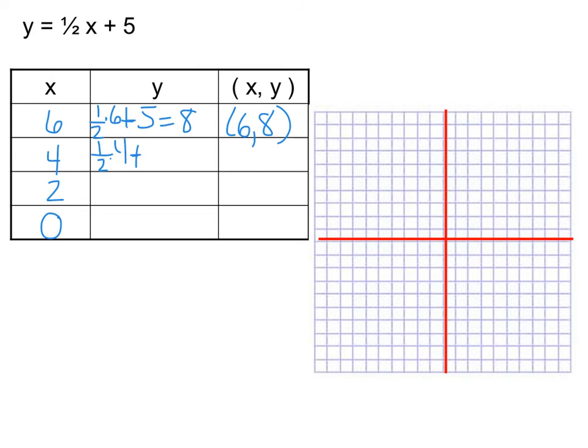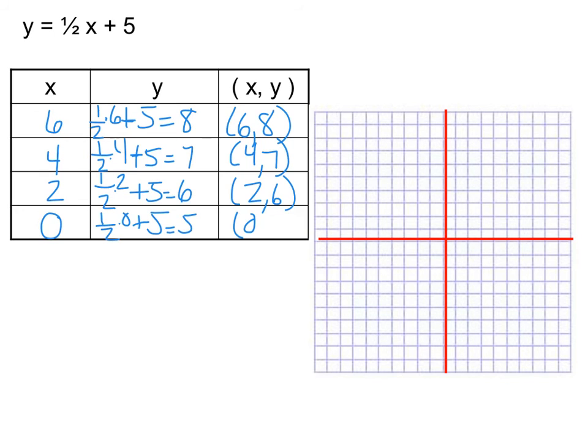Half of 4 would be 2. 2 plus 5 is going to be equal to 7. So we would have 4, 7. And then 1/2 times 2 is 1, plus 5 is 6. So we have 2, 6. And last, 1/2 times 0 is 0, plus 5 would be just 5. So we have 0, 5.